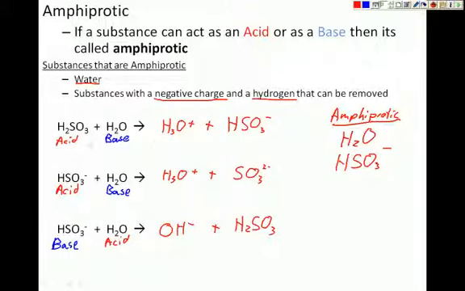Now, can H2SO3 act like a base? So let's take a look if we can make H2SO3 act like a base. So if H2SO3 acts like a base, what we'll make is H3SO3 positive.